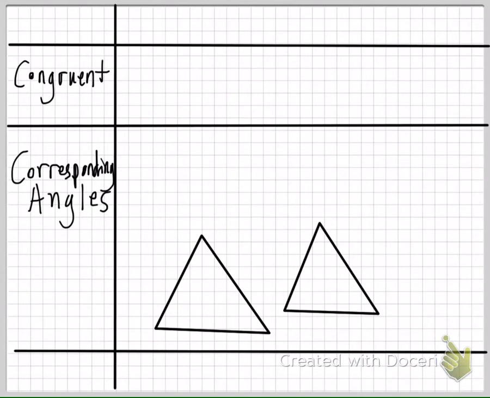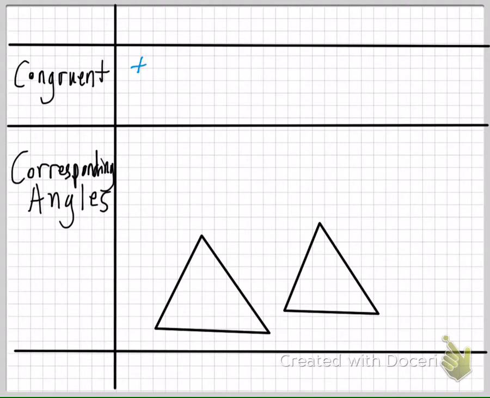So today we're going to be trying to classify triangles by angles inside and identify corresponding parts. So to be able to identify corresponding parts, we know that corresponding angles or corresponding sides are going to be congruent. So first, let's remember what congruent means.